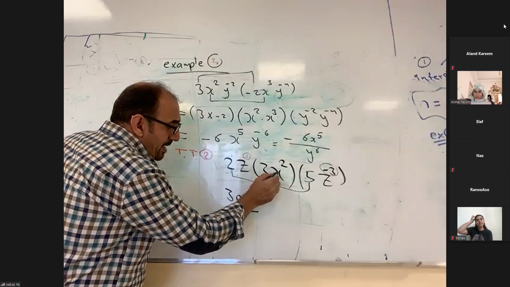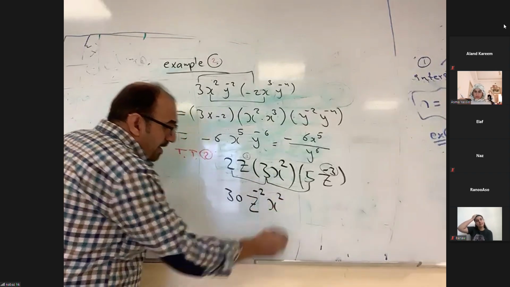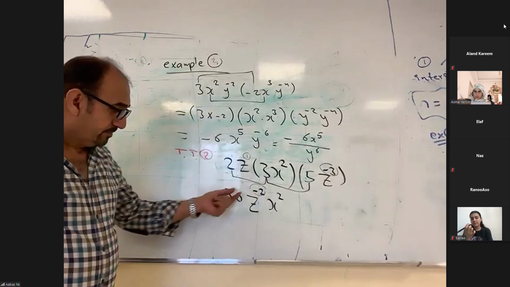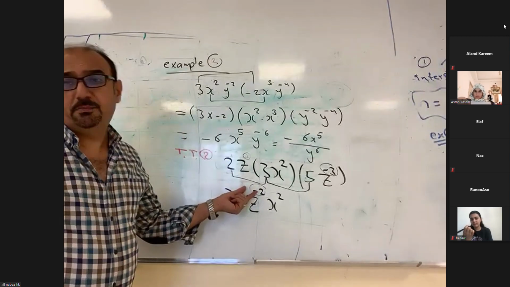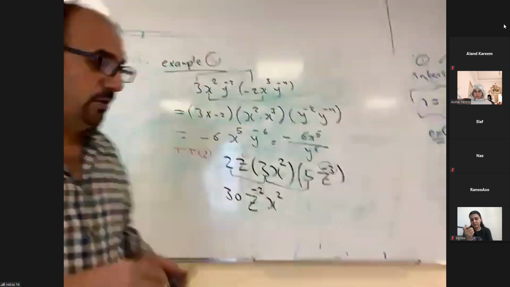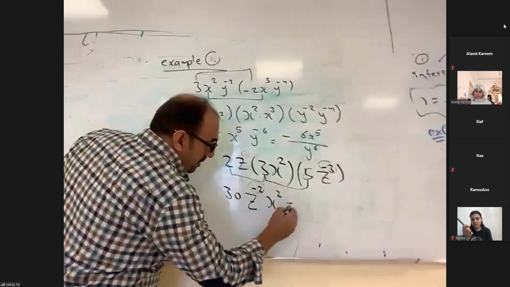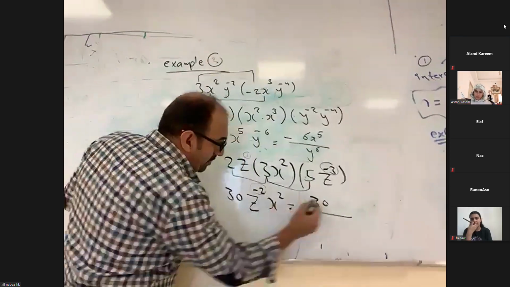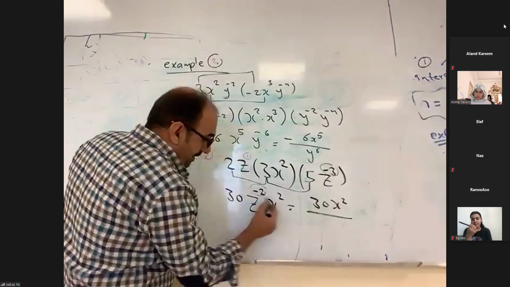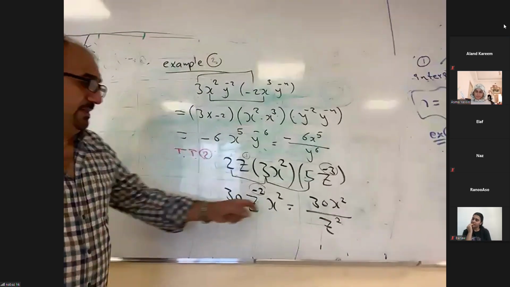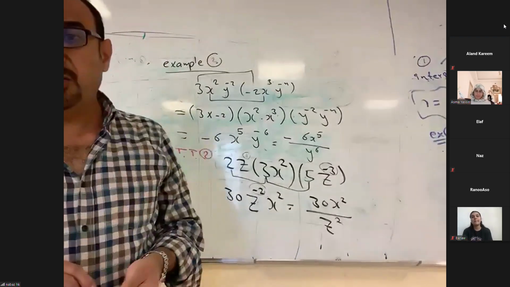And we write again x squared. You know that this is negative 2, so to be positive we move it down. It will be 30 x squared over z to the power 2. This is the answer of your homework.